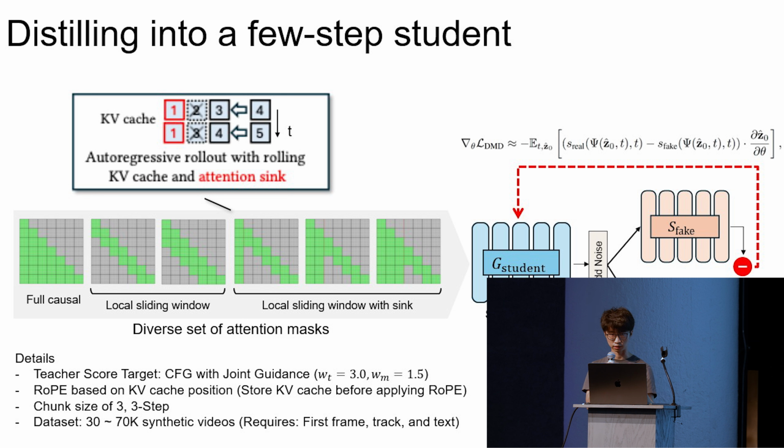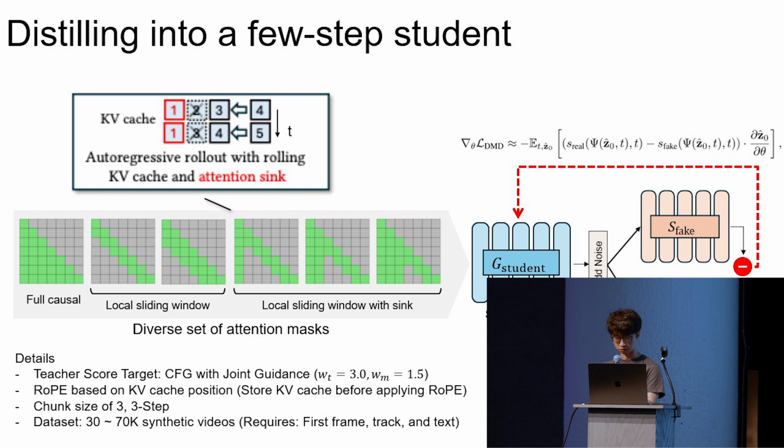You still do autoregressive generation during training, but at each iteration you randomly select one attention mask, and that mask dictates how you use attention during training. For example, if you select the middle attention mask, it will always attend to the first frame and also the previous frame when you generate the current frame. And that's basically how it works.